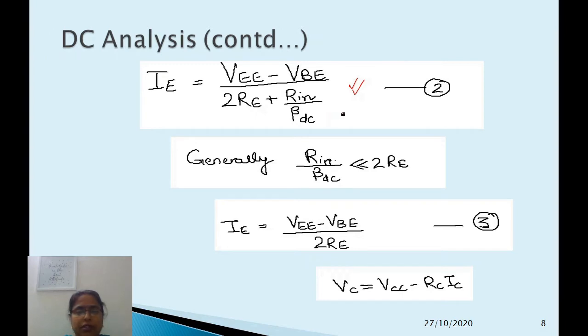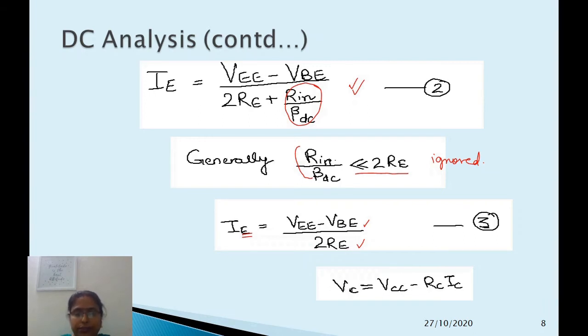Now generally this Rin upon beta DC is very much less than 2 times RE, so it can be neglected. So our equation becomes IE is equal to VEE minus VBE upon 2 times RE, because we have ignored this term. So now our IEQ is equal to VEE minus VBE upon 2 times RE.